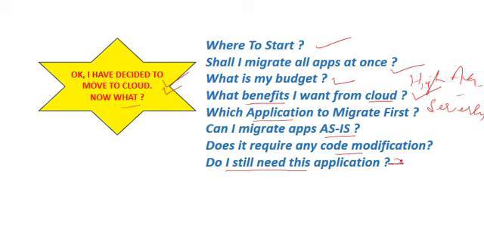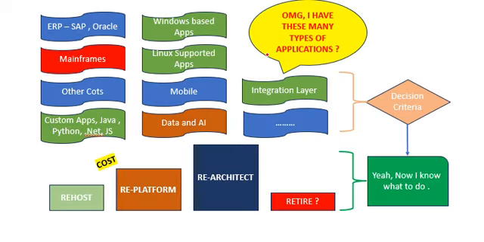Some of the applications may be old enough, some are not supported on cloud, so we need to rethink whether those applications are still required for business or not, because maintaining old applications which are out of date and not used is additional cost with no significant business benefit in response, right? So these are some of the questions, not a full comprehensive list, that we need to ask when we are starting to migrate to cloud, right?